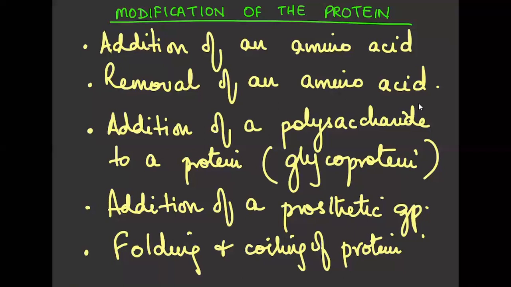Remove one amino acid, add one, so as to customize and get the protein that I actually need in my body. So all these mechanisms that you see as examples come under the topic of post translational modification, and the examiner will ask you what are the various ways, or explain the various ways by means of which your body undergoes post-translational modification. Is that clear?